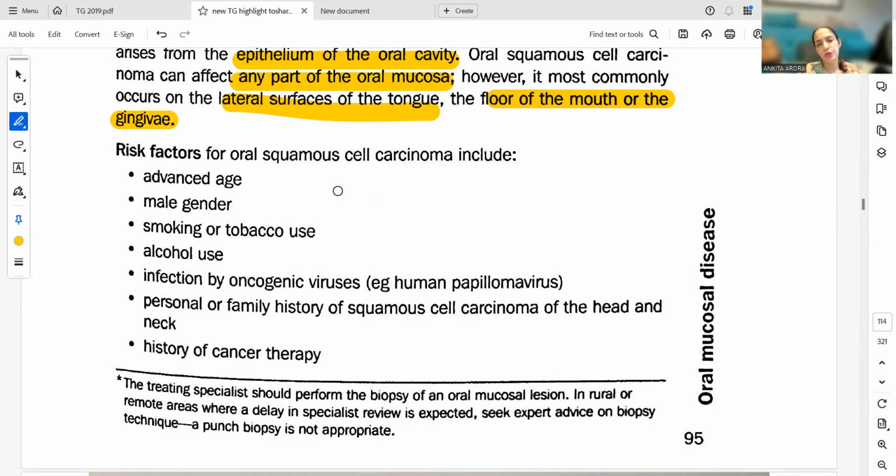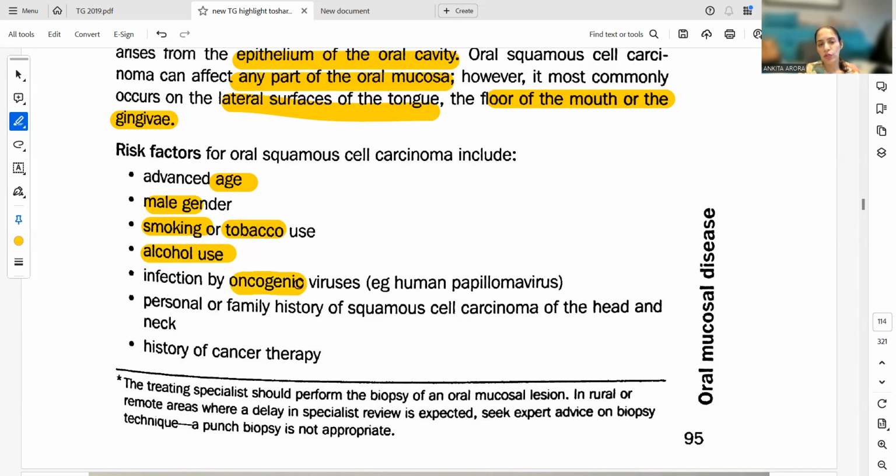Risk factors for oral carcinoma include advanced age, male gender, smoking or tobacco use. It could be smokeless tobacco, betel quid, or these things. Alcohol use compounds the effect of tobacco. If both are done together, it's a concomitant or synergistic action.